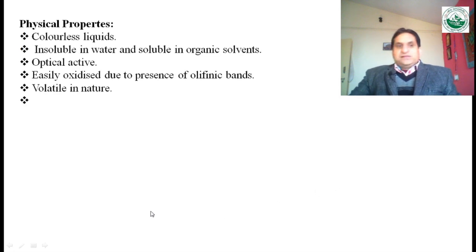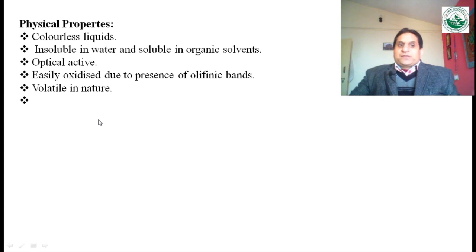If you see the properties of these terpenoids, basically they are colorless liquids. They are insoluble in water and soluble in organic solvents like benzene, alcohol, chloroform, acetone, etc. They are optically active, and because olefinic bonds are present in the terpenoids, they are easily oxidized and they are volatile in nature.